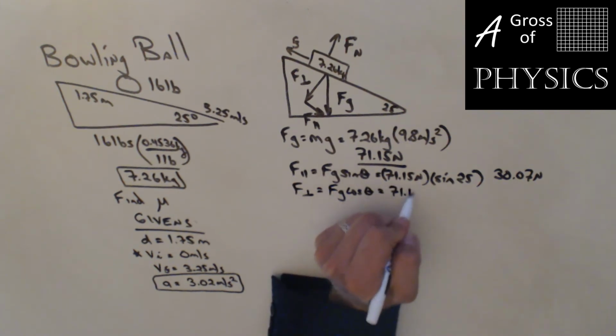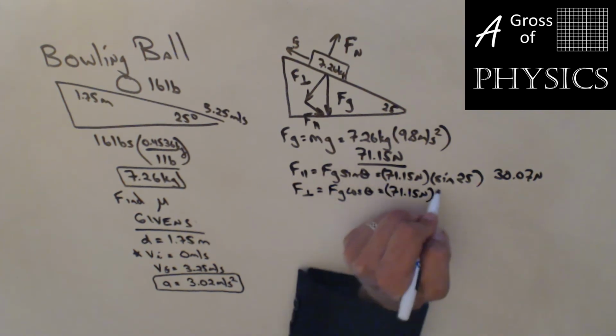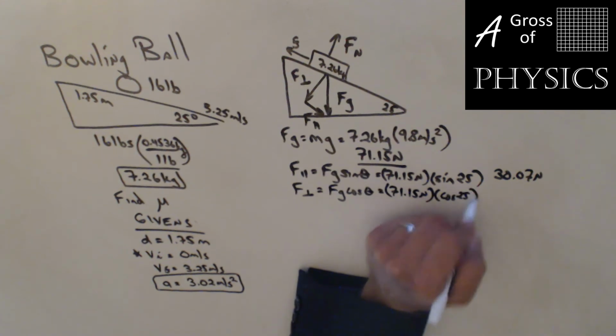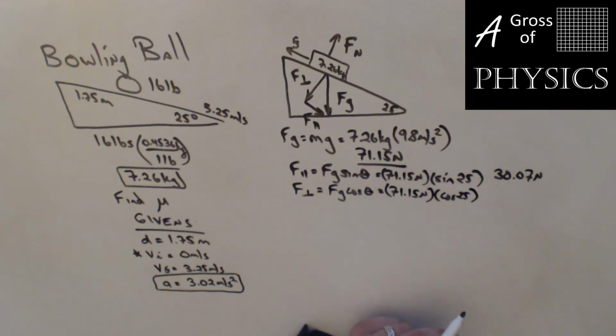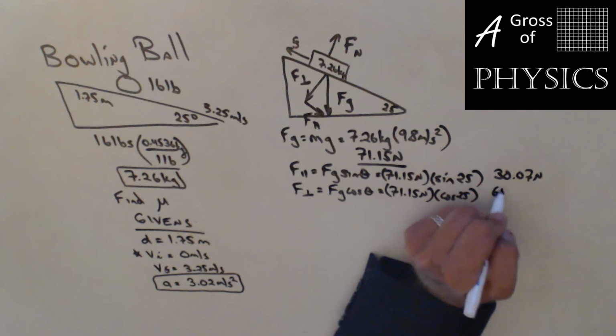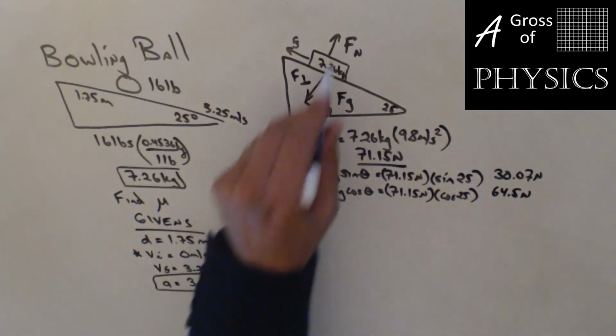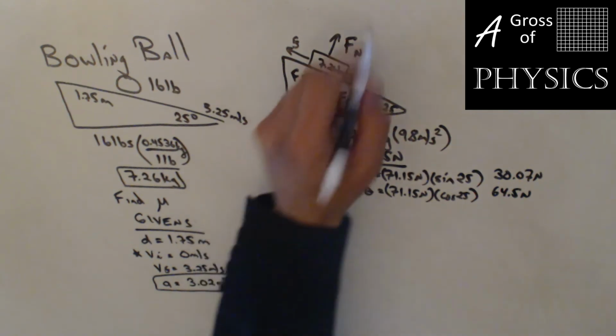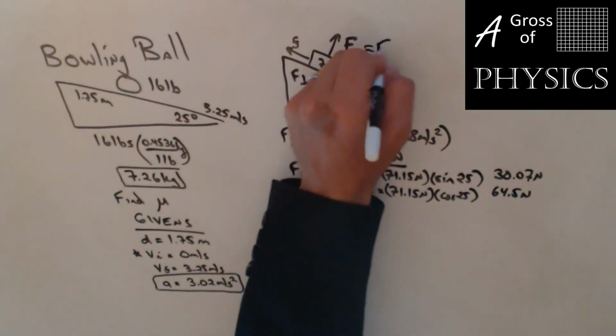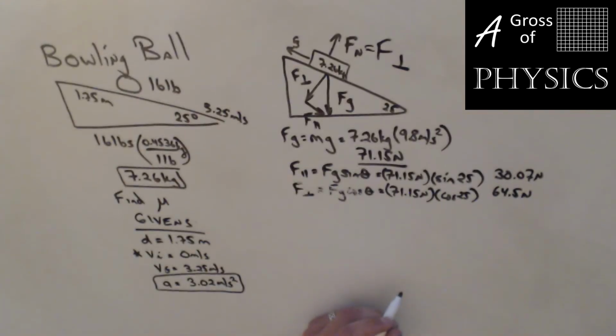So 71.15 newtons times cos 25 gets me 64.5. Now, since there's no other forces up or down, the normal force is going to be equal to F perpendicular, and that will allow me to find friction.